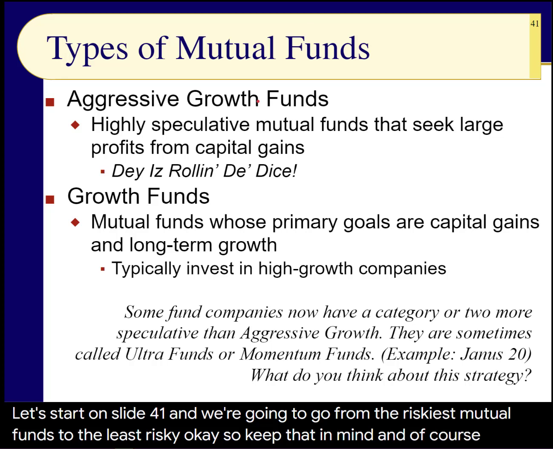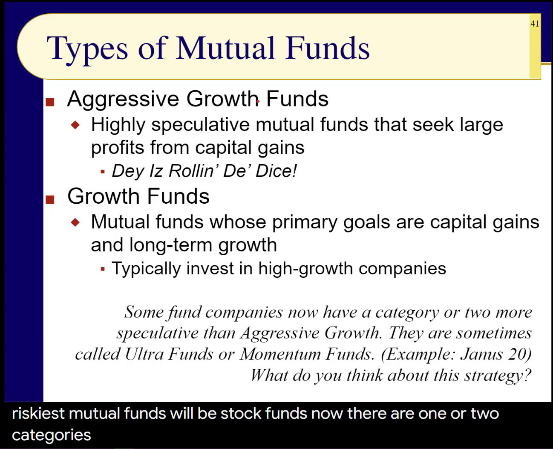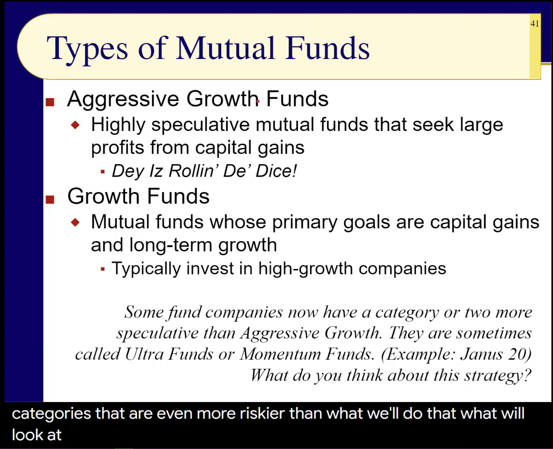And of course, the riskiest mutual funds will be stock funds. Now, there are one or two categories that are even riskier than what we'll look at, and you might see Pro and Ultra or Momentum.